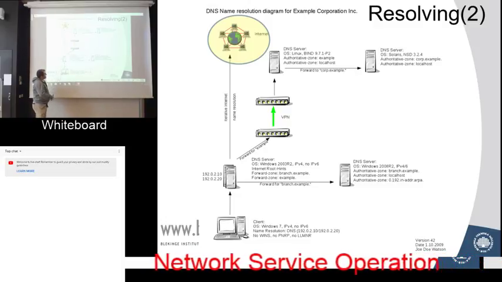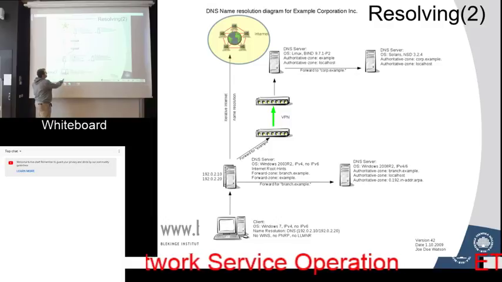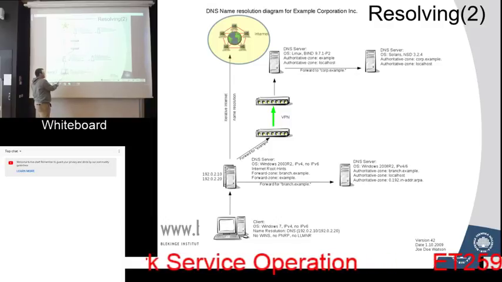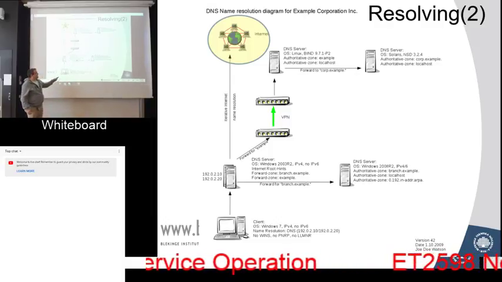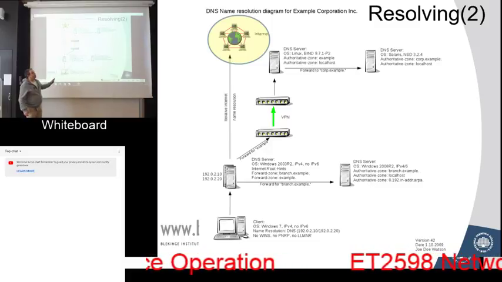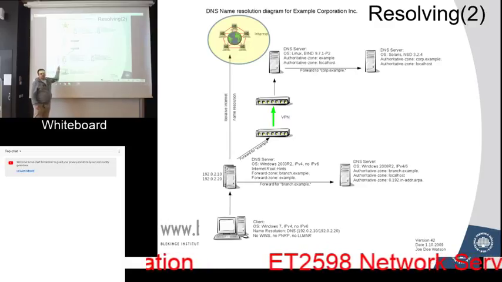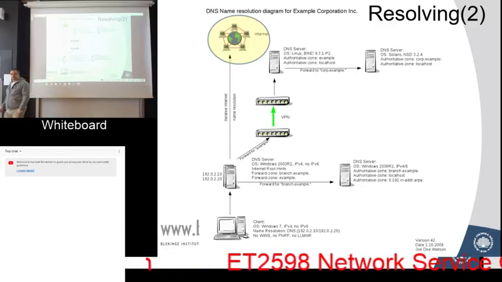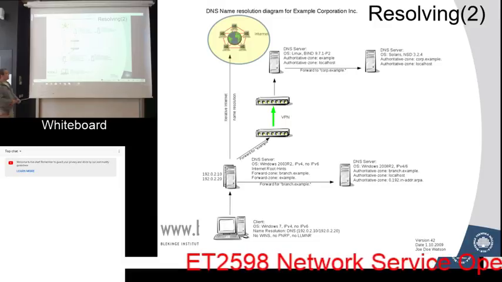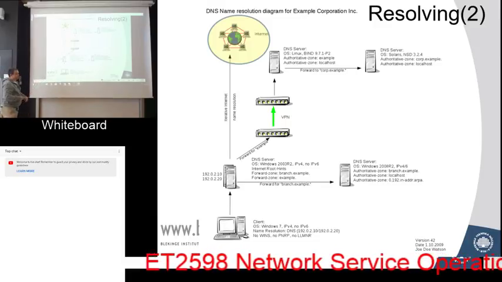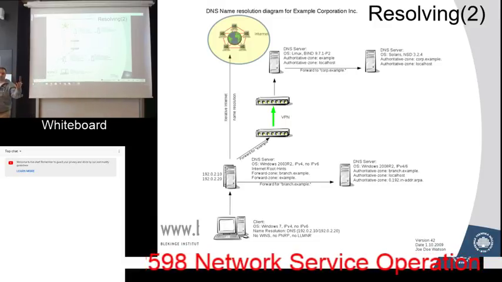If the request that you're doing is not example or branch, the request will be pushed up here to a root server, or to whatever server this has configured to use as its next server.